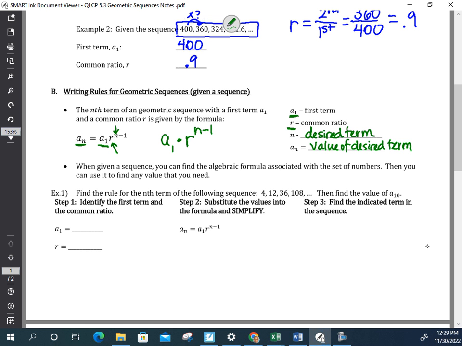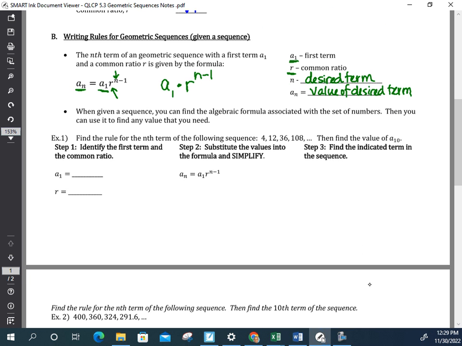Just like with arithmetic sequences, once you write the formula, you can use it to find any number that you need, as opposed to listing out all the numbers until you get to where you want to be. So, example 1, we're taking the sequence right from the top: 4, 12, 36, 108, etc. We know that the first term, a1, was 4, and the common ratio was 3.